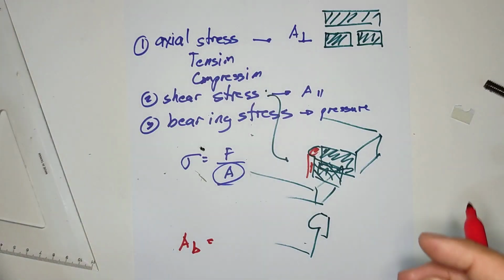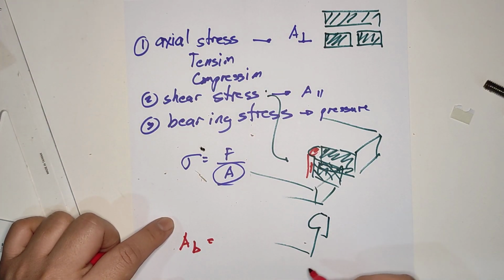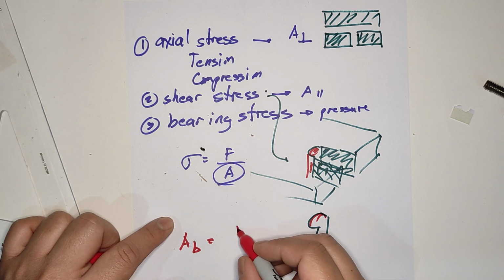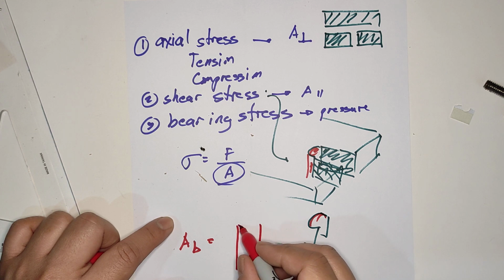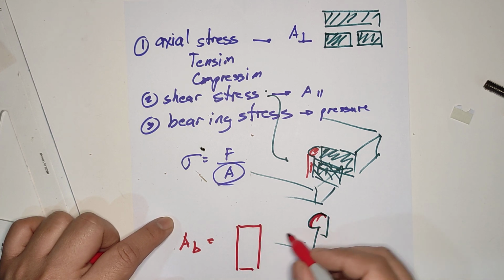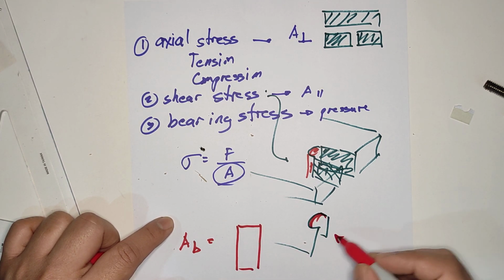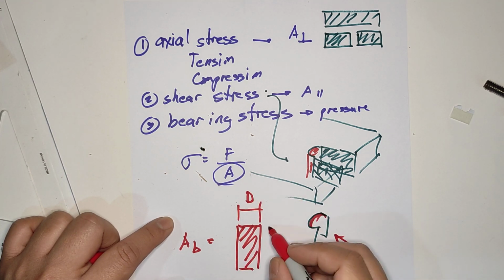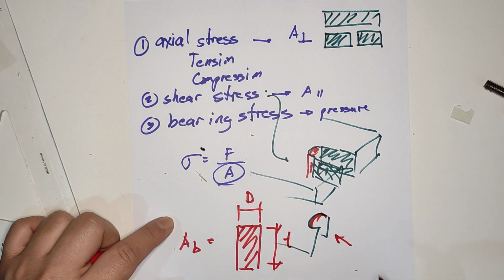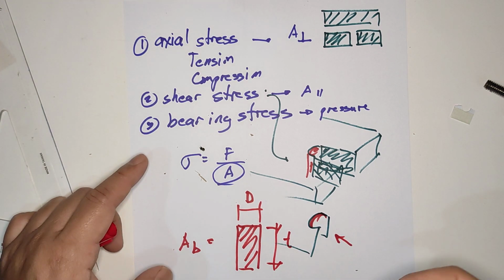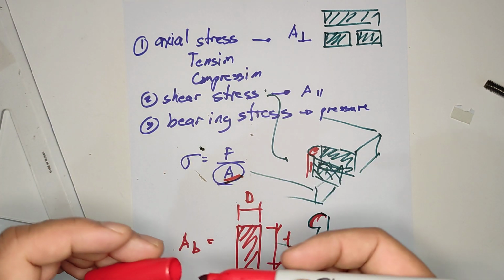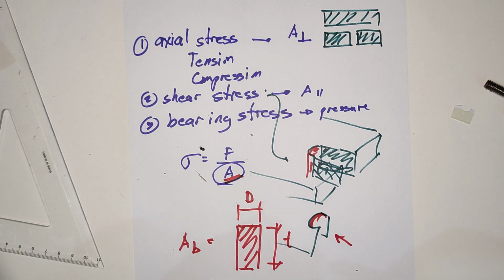Projected meaning, if I look at the hole, it will become like that. So this is the diameter, and this is the thickness. So I hope you understand it all about the area. And of course, the force is the same in the same system.